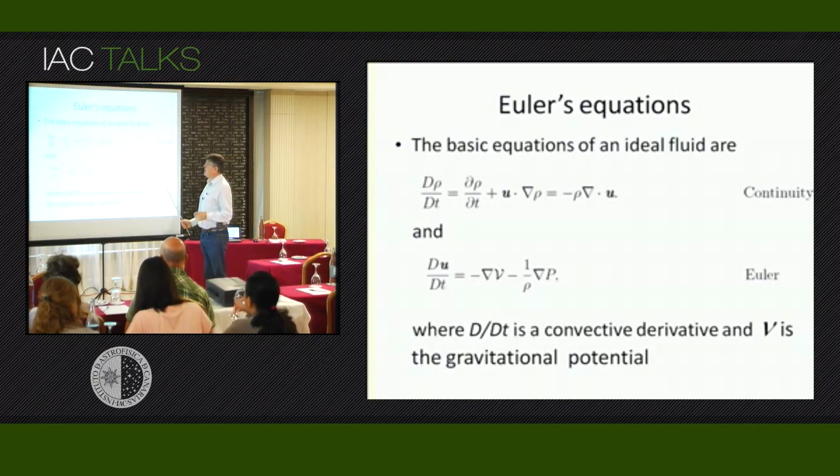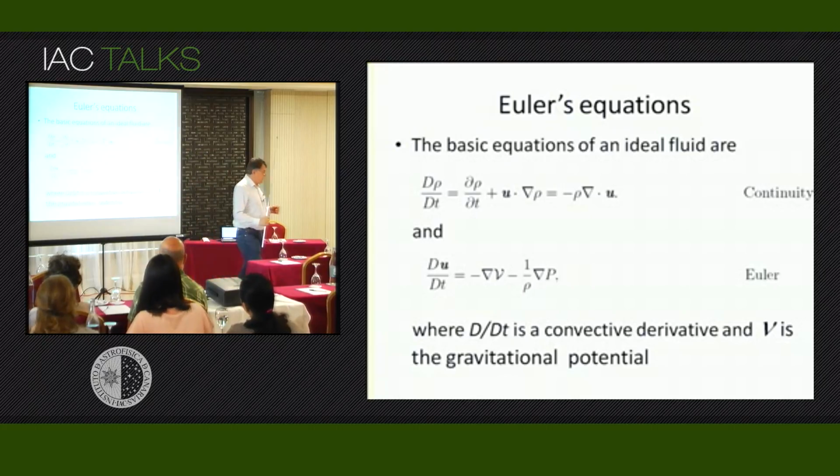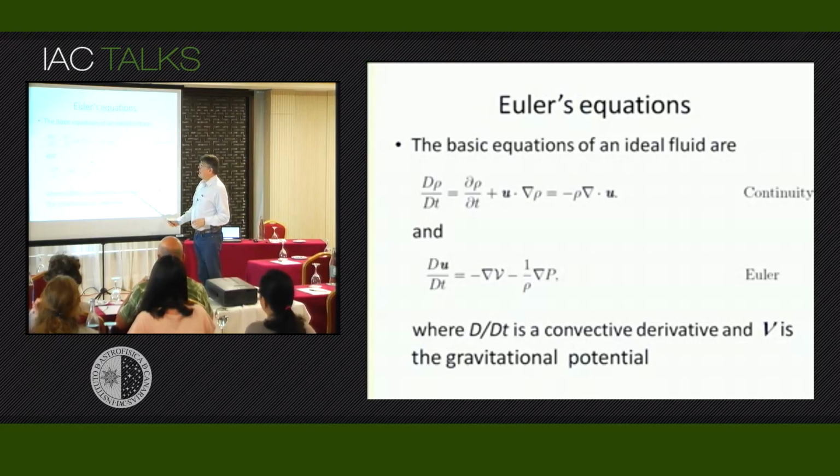So there are two equations of fluid dynamics. There's the equation of continuity, which says that the convective derivative of the density, which is defined by this operator here, is equal to minus rho times the divergence of the velocity field.